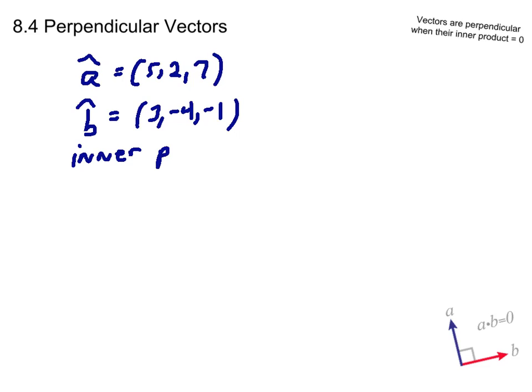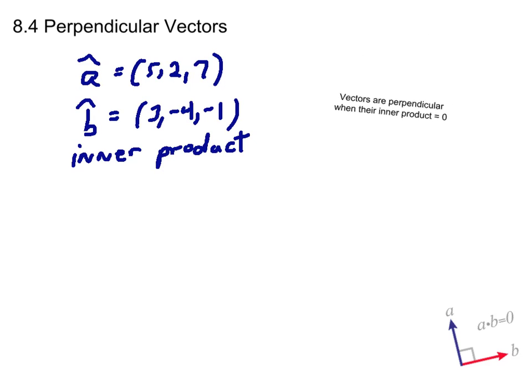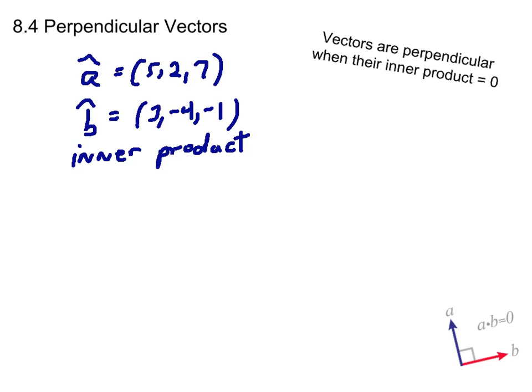We're still going to use this, because if we know what the inner product is, we know whether they're perpendicular or not. The dot product of A and B, and again, I'm not out to confuse you, but I just want to make sure you see all the different symbols for vectors. It could look like this, could look like this, and the one like this I've been using. All three of them are good to go.